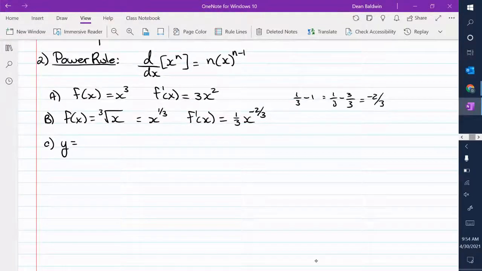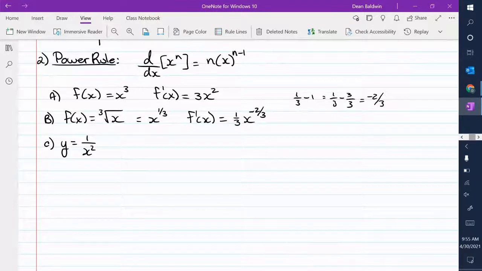Y is equal to 1/x squared. I want to know what y prime is. If you have an exponent in the denominator, we need to get it out of there. How do you rewrite that so that it's not in the denominator? Flip it up, which makes the exponent negative.